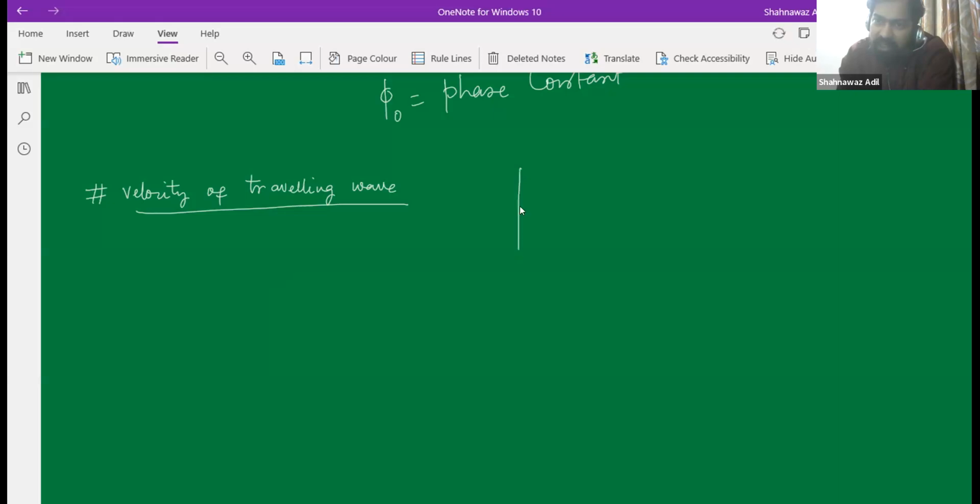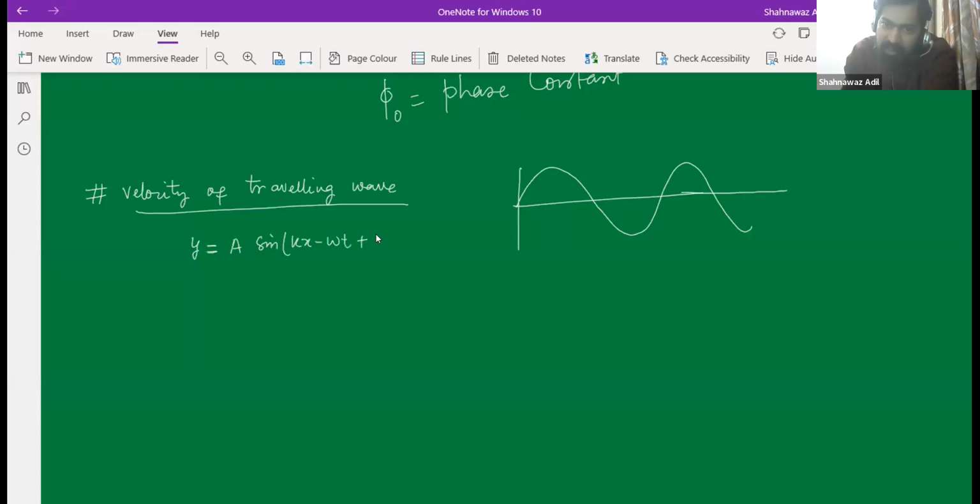We know that there is this wave which is propagating, right? So how do we write the displacement of the medium or the particle? This is y = A sin(kx - ωt + φ0), right?